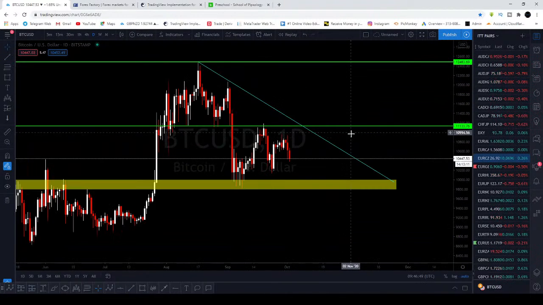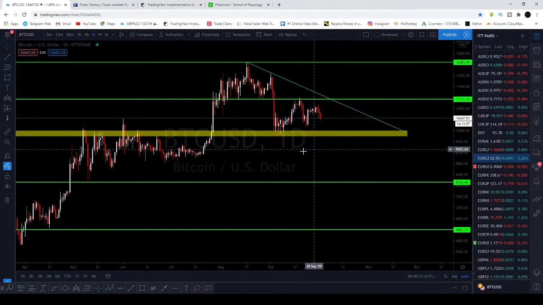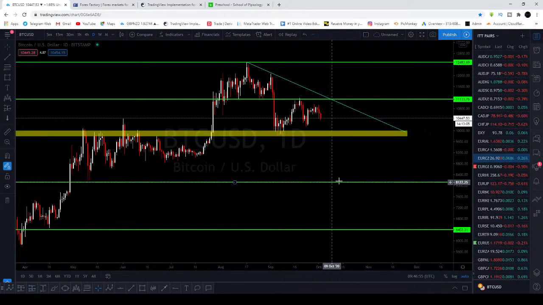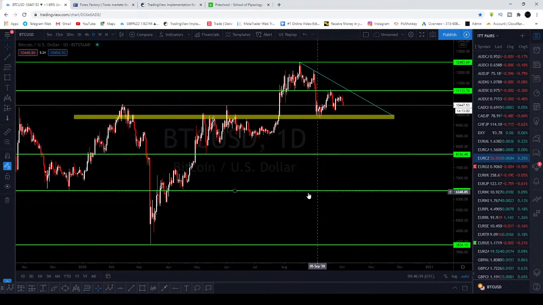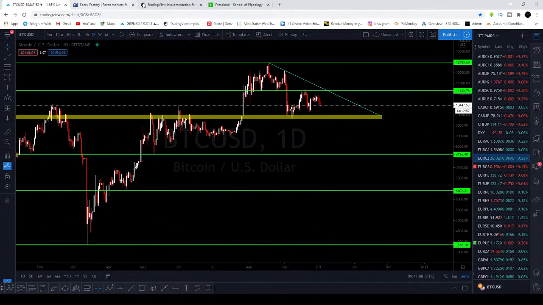Anything that will make Bitcoin close below this will continue to come down to this level, then come and retest again. Boom, continue going to the downside. So Bitcoin might even drop to this previous low during the corona pandemic, right? That's what I'm saying.